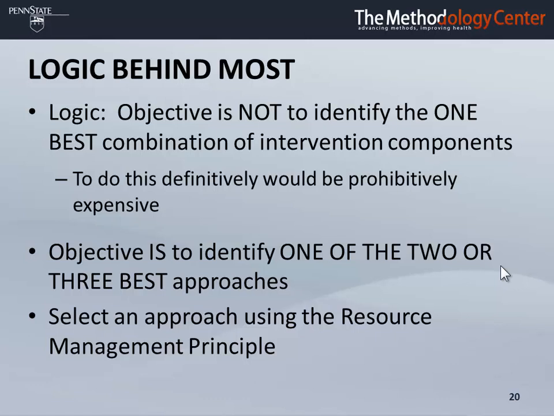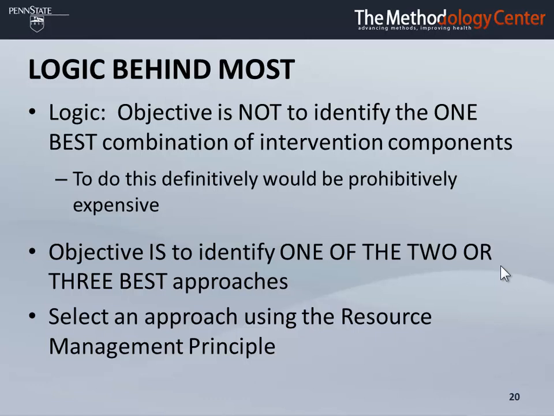The only way to identify the one best would be to do a 32-arm RCT, and it would have to be powered sufficiently even to detect a small difference between maybe the best one and the second best one. So no one's ever going to do that study, right? So let's just forget about that as an alternative.